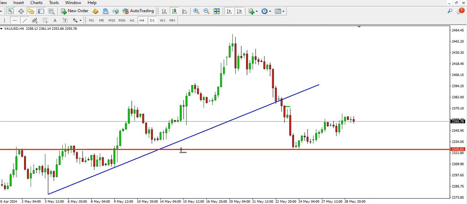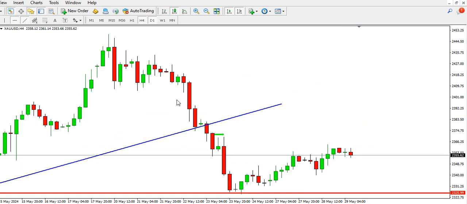We have a drop to coincide with this particular structure. So for now, on the 4-hour time frame, we have this bearish leg, and then we have a retracement.